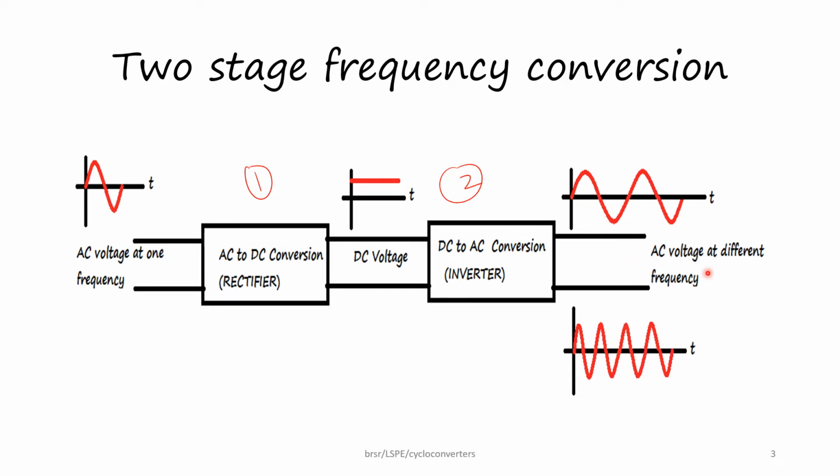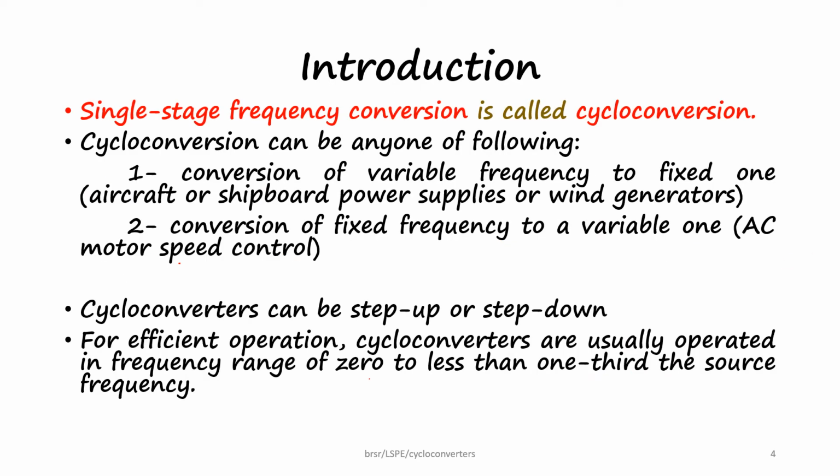So now let us see what is stepping up frequency and stepping down frequency. Single stage frequency conversion is called cycloconversion, and cycloconversion means it can either convert a variable frequency to a fixed one or a fixed frequency to a variable one.